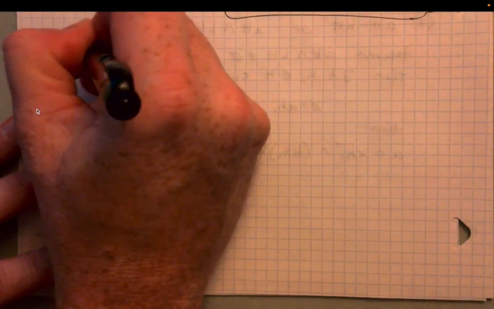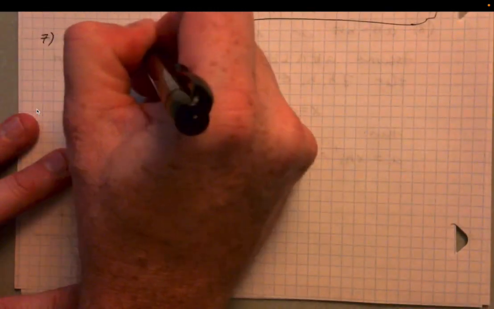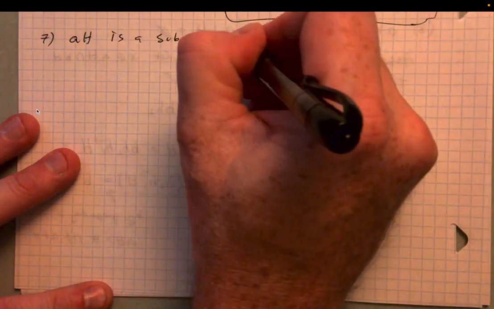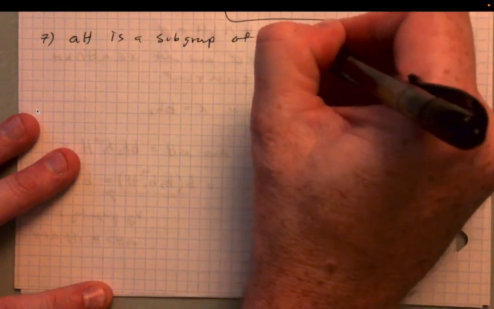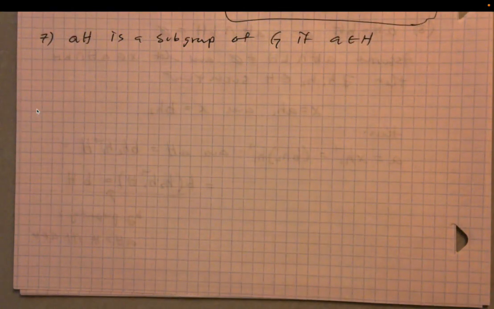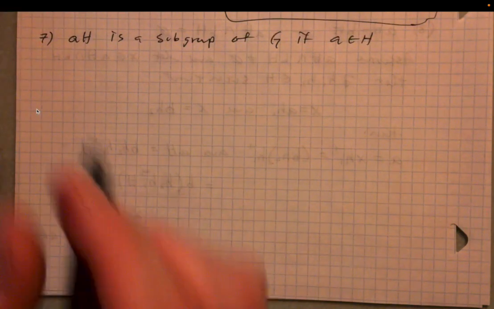And then the item 7 says that AH is a subgroup of G if A is from H, right? If the element generating the coset is from the set H. Okay, all right. So if AH is a subgroup, how do we prove this?